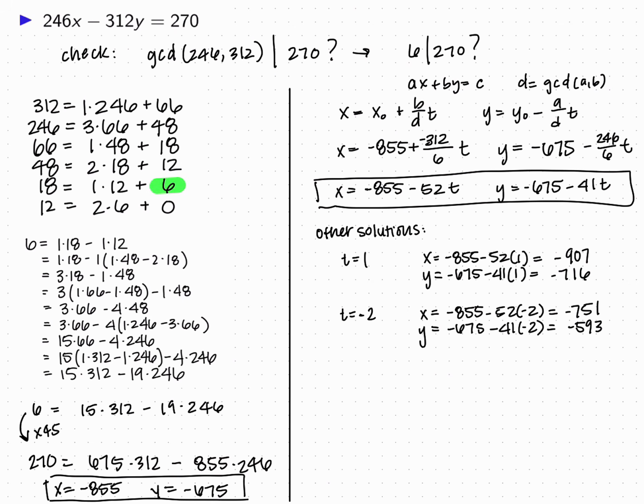And just for kicks, let's maybe just say let t equal negative 10, just something a little different. X would be negative 855 minus 52 times negative 10. That ends up being negative 335. And y equals negative 675 minus 41 times the negative 10. And this ends up being negative 265. And there we go. We have found 3 more solutions to this linear Diophantine equation.